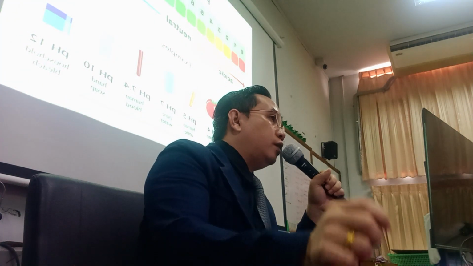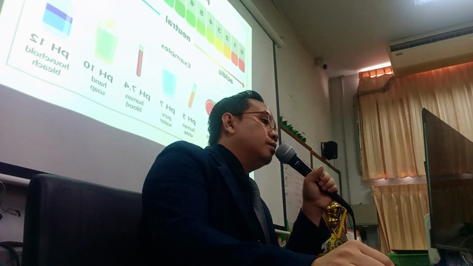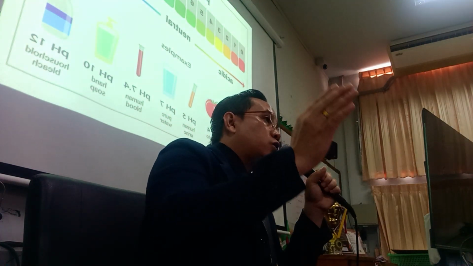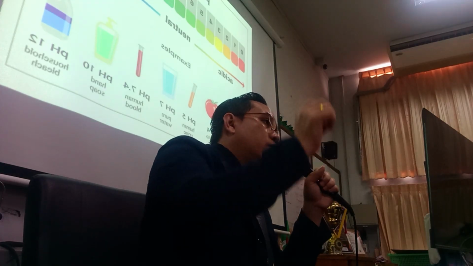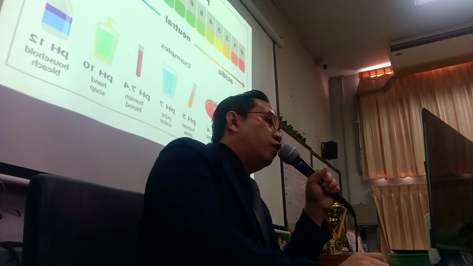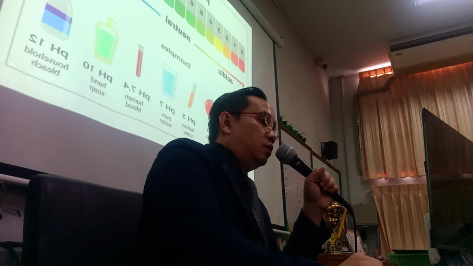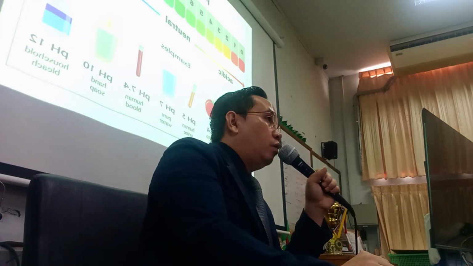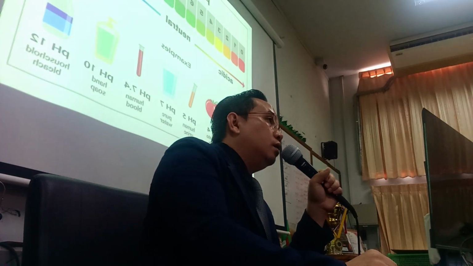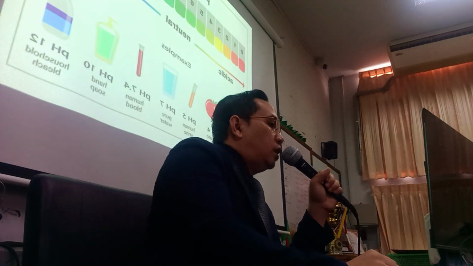So at pH 7, which is pure water, it then shifts to base. For example, human blood has a pH of 7.4. Then down to alkaline, with a pH level of 10, then going to 14.